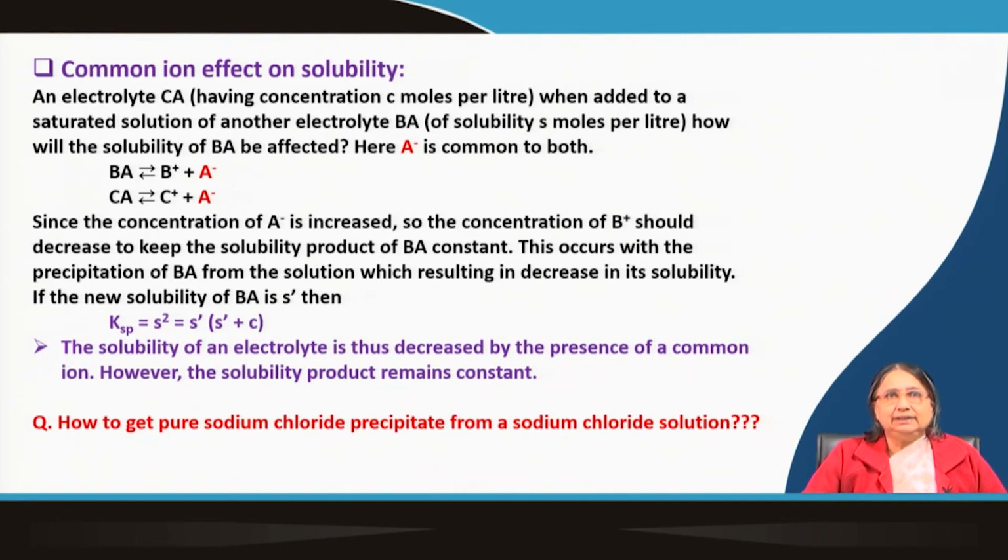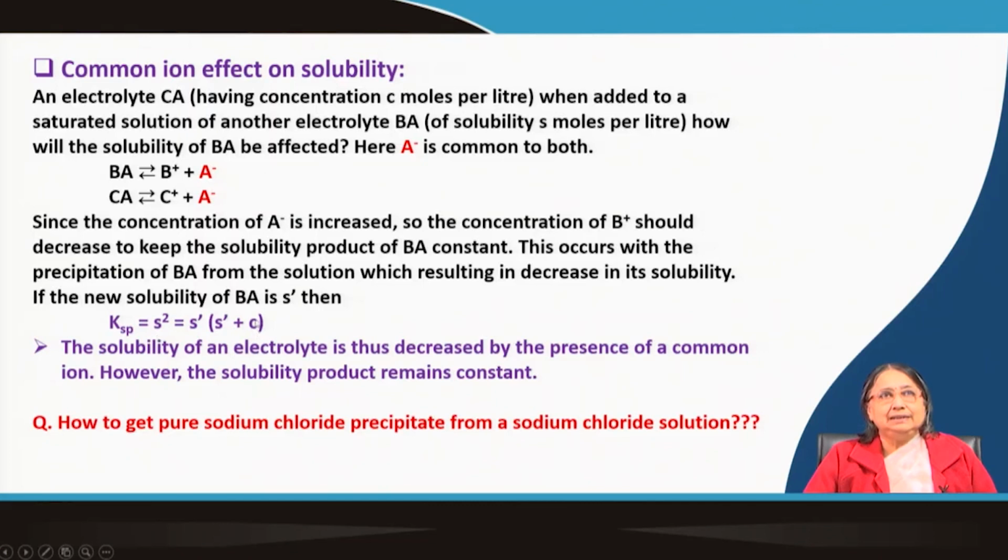Initially, when it was alone, the solubility is S, which means Ksp is S square. But now we are adding CA, with a concentration of C moles per liter. After adding CA, the solubility will no longer be S; it will change.